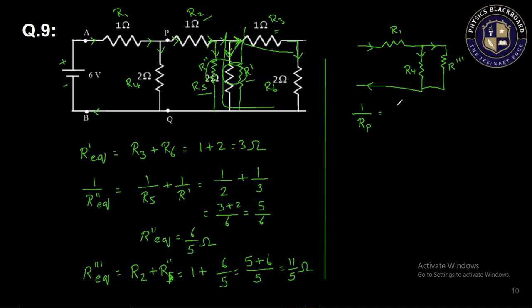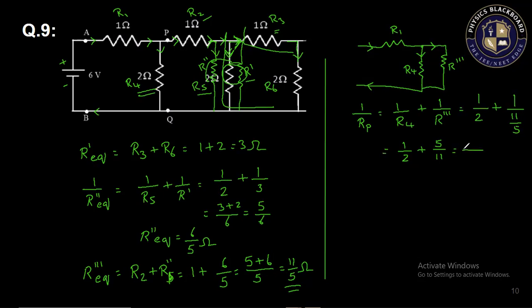Let's say RP, 1 by RP is equal to 1 by R4 plus 1 by R triple dash. Okay. What is 1 by R4? R4 value is 2 ohms, so 1 by 2, plus 1 by R triple dash. What did you get? 11 by 5, right? I will write 5 by 11.